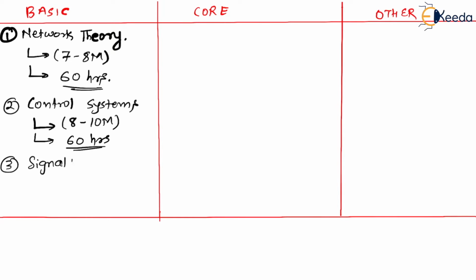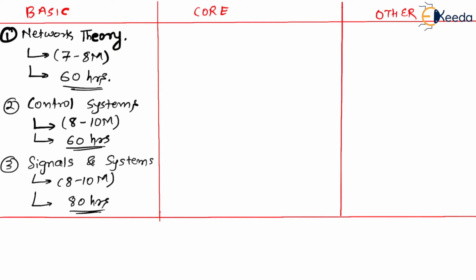Then the third subject that we have is signals and systems. The weightage is also going to be 8 to 10 marks on an average, and it will require 80 hours to get completed.